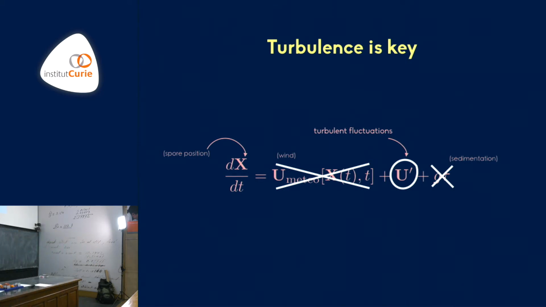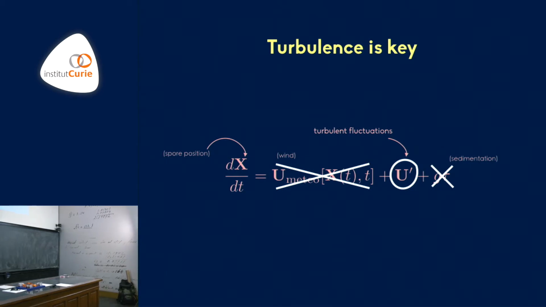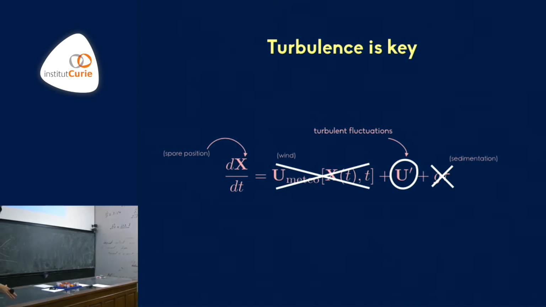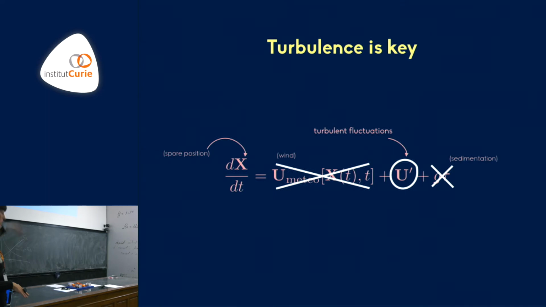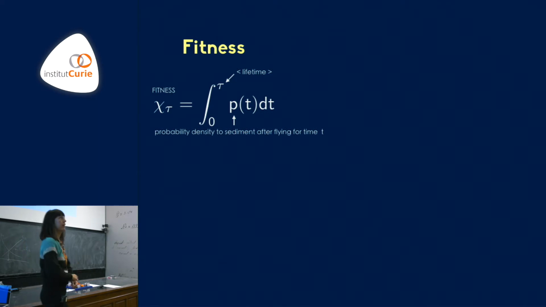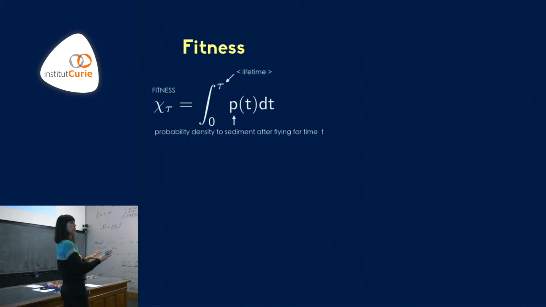If you look in the literature, I think a lot of work has been done on those two terms, but we're going to focus on that one term that's interesting for us to understand the flight times. Specifically, and this is all I want to show you.